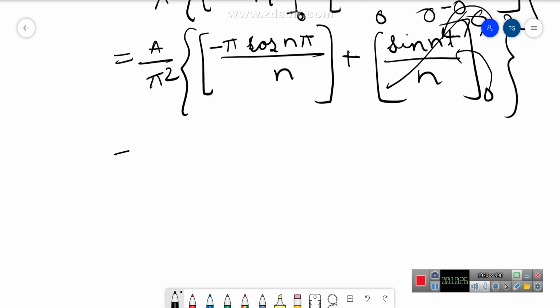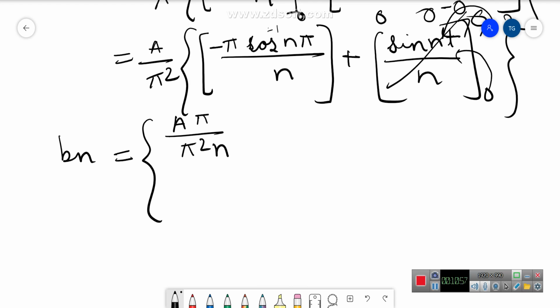Now just solving this, we know that cos n pi for odd n is minus 1. So we have that bn has two separate values for odd n and even n. For odd n, this is minus 1. So minus minus will become plus here, and we get A by pi squared n times pi.